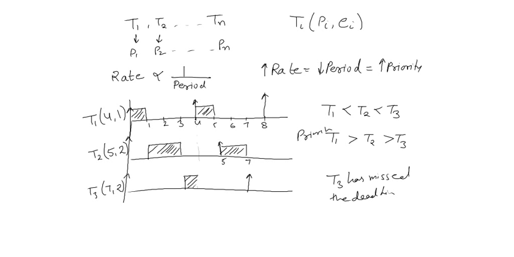In the last case we have seen that T3 has missed the deadline. We cannot schedule it for the given period and execution time. So now what can I do? First I have to check the schedulability. So how can I check the schedulability?